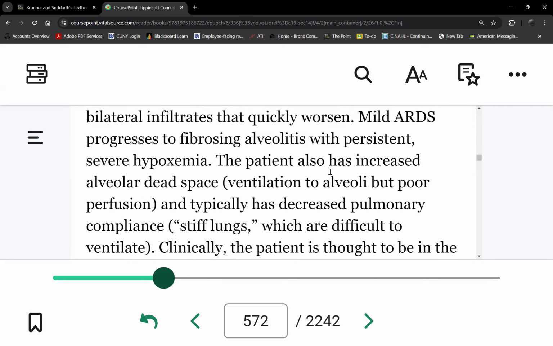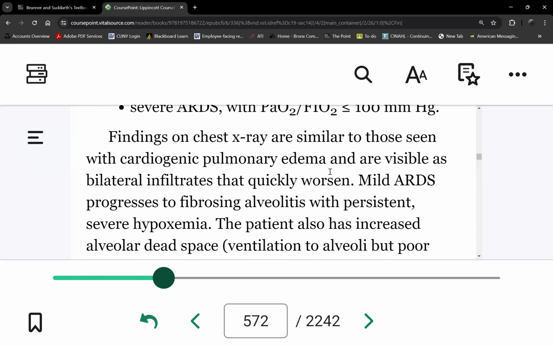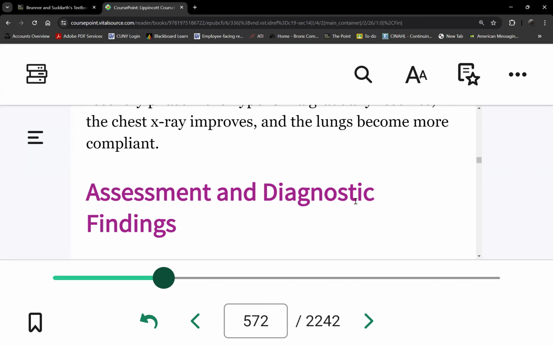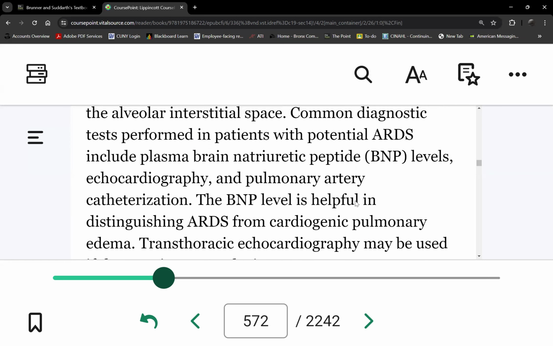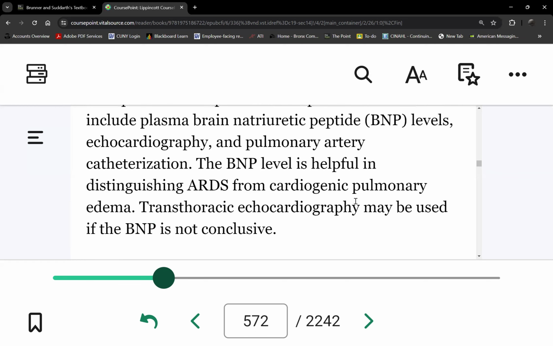However, because the manifestations are the same, how do we know that this pulmonary edema is cardiogenic or ARDS? The answer is in BNP. So when you draw BNP, what do you think will show? The BNP is going to be normal or sometimes it may be low.